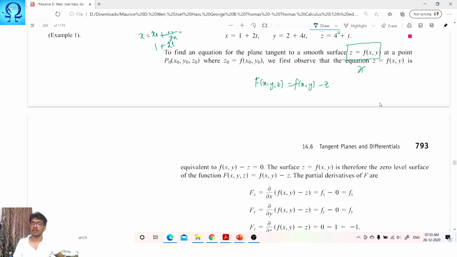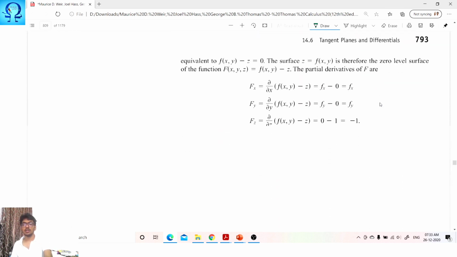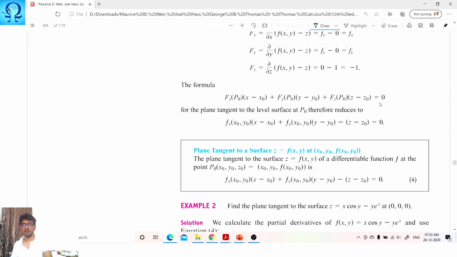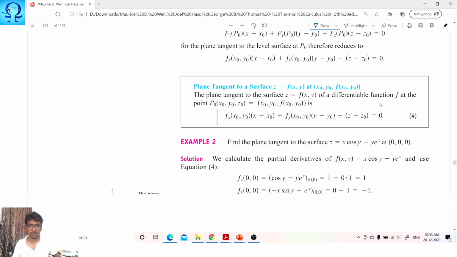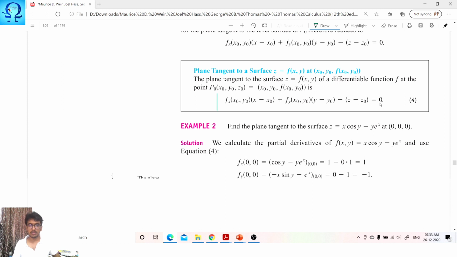If so, your del f upon del x is going to be small del f upon del x, del f upon del y is going to be small del f upon del y, and your del f upon del z is going to be minus 1. If you just plug in these values into the previous cases, you are going to get the requirements for this case. The plane tangent to a surface is given by this formula, that is in equation 4.